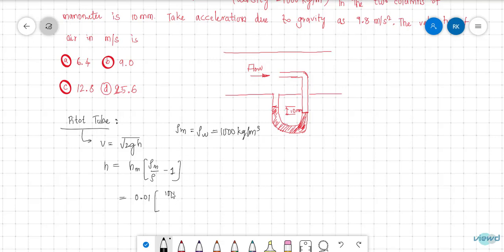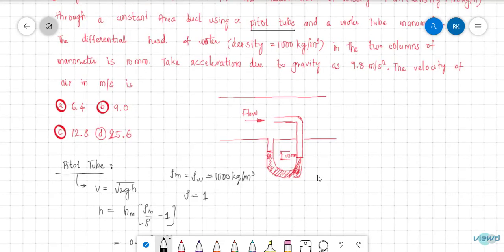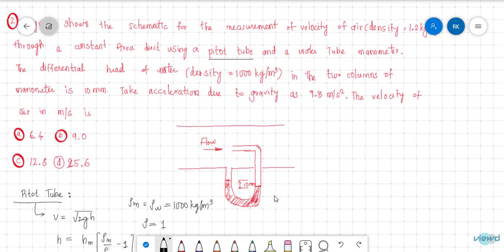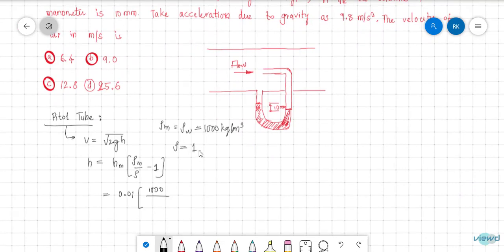So 1000 divided by density of air. Density of air is equal to the flowing one, which is given as 1.2 kg per meter cube. So divided by 1.2 minus 1.